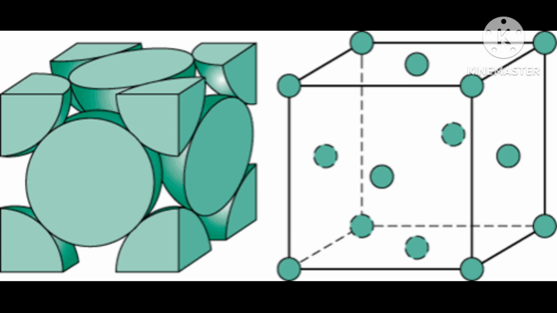Knowing the density of the metal, we can calculate the mass of the atoms in the unit cell. Why? Because density you know, and volume you can calculate, length into breadth into height. Then if density and volume you know, mass you can easily calculate, because D is equal to m upon v.